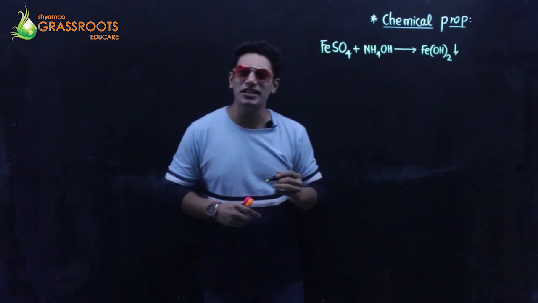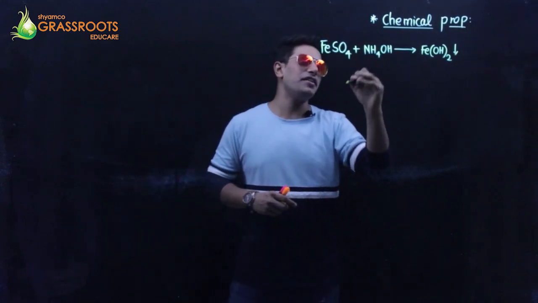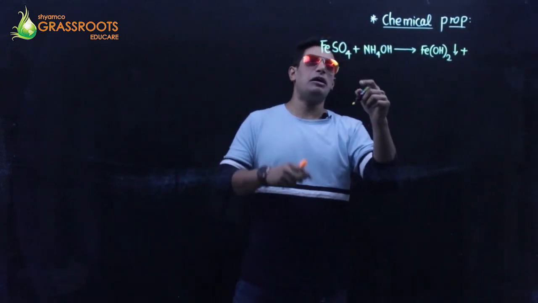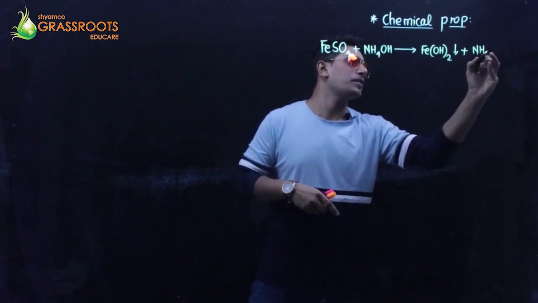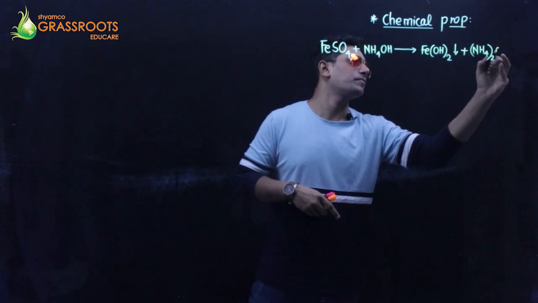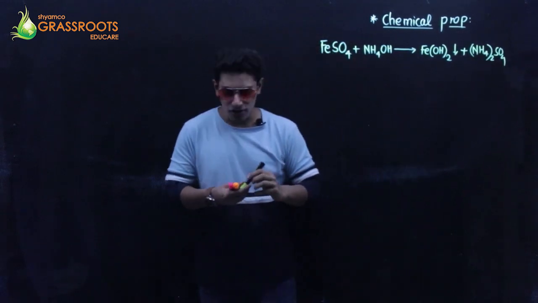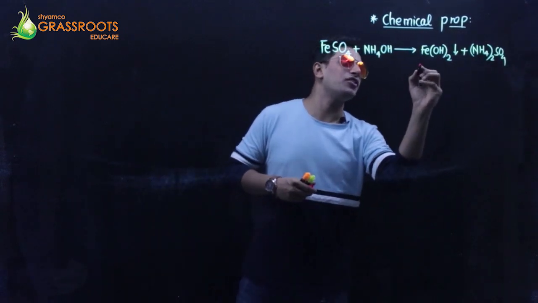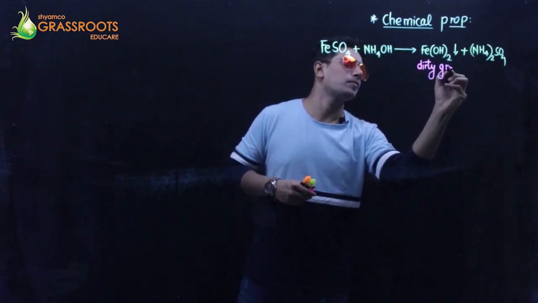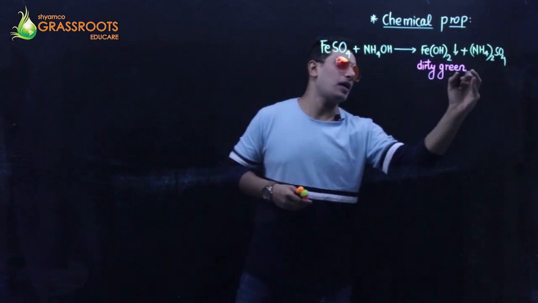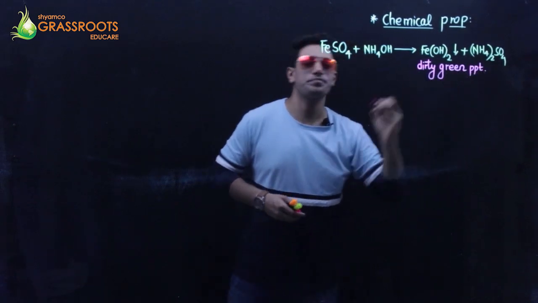This is a dirty green colored precipitate and (NH4)2SO4, a salt, ammonium sulfate. So the color of the PPT is a dirty green PPT. You need to write a PPT, please.